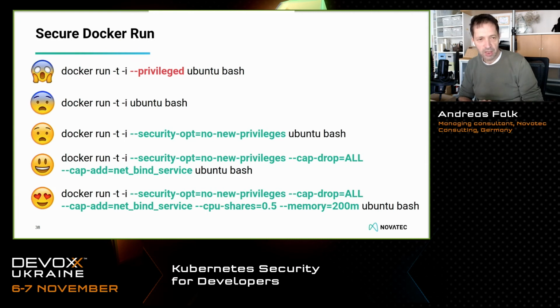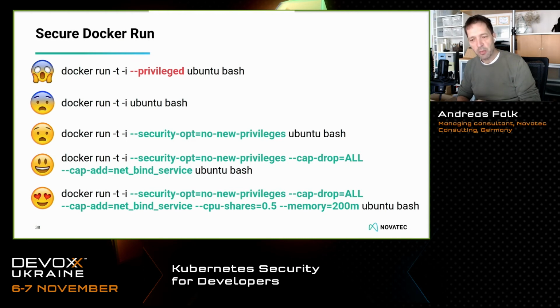Basically, don't use the privileged one. That would be the worst case that you can use, Docker run with the privileged flag. The default one, Docker run, is also not very secure. A bit more secure is Docker run with the security option no-new-privileges. Even more secure is by dropping all the capabilities and just adding a specific capability.